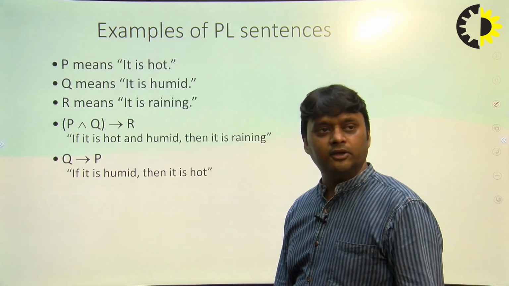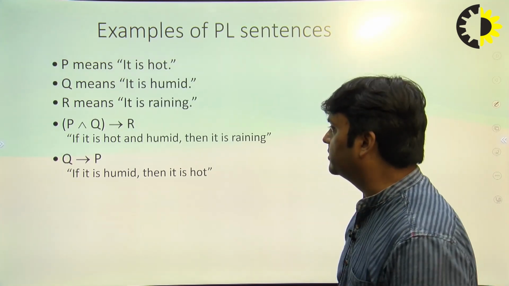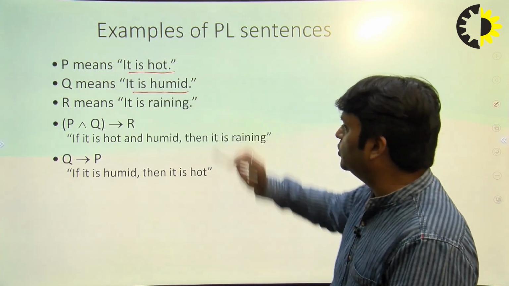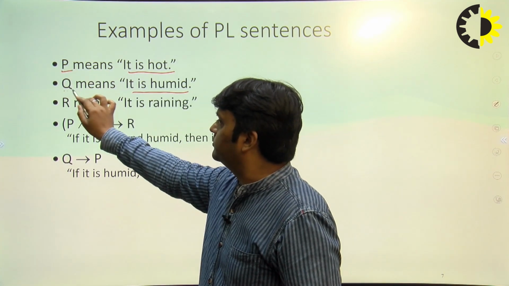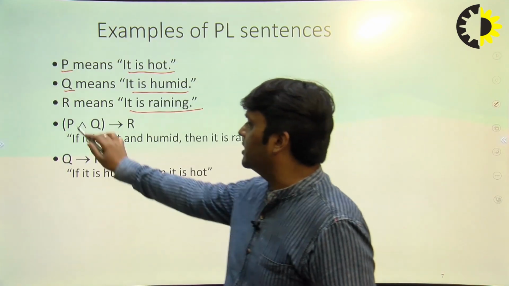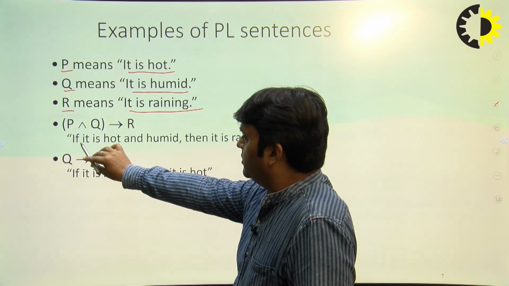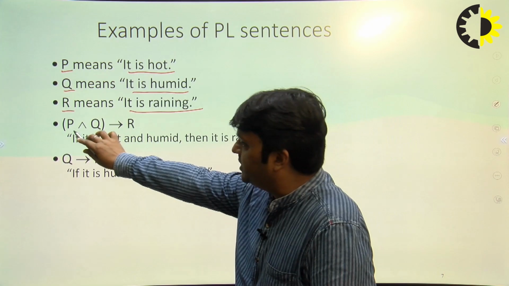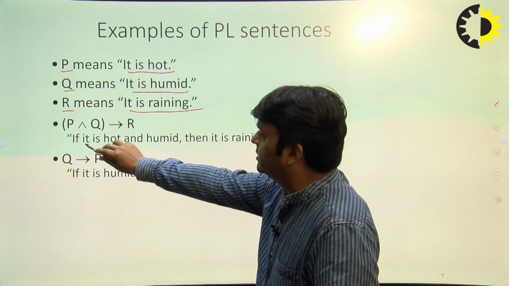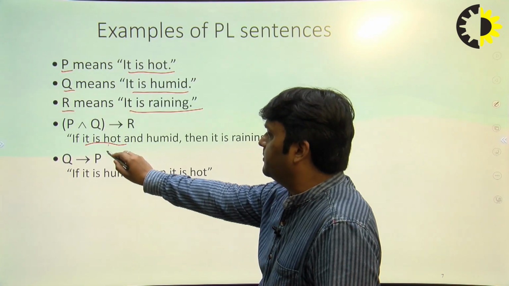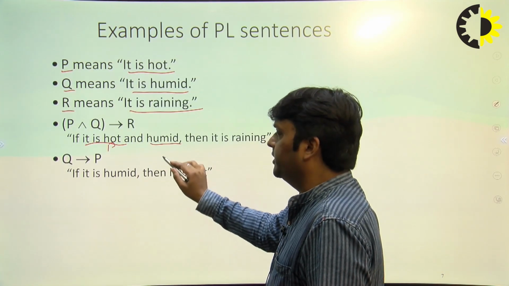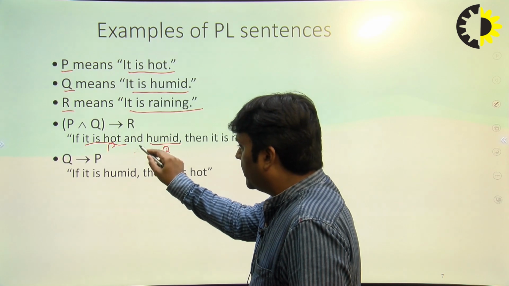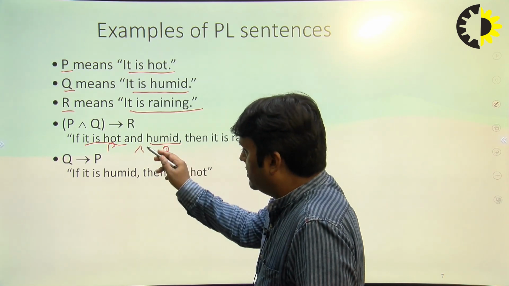For it is hot, P, it is humid, Q, and it is raining, R. So if we write it is hot, it will be P, and humid Q, and for "and" we use the and symbol.